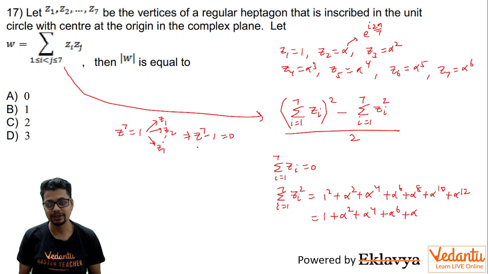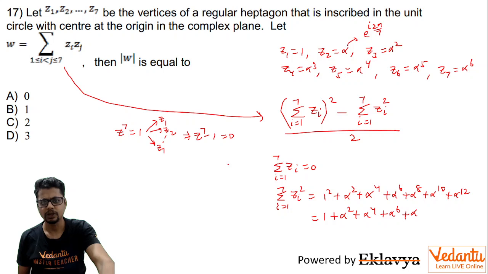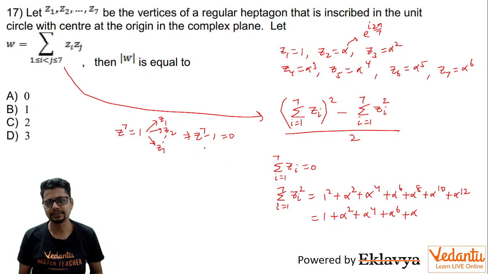Why? Because the product of roots is 1. Or rather, just say Z1 is a root and Z1 is alpha. So clearly alpha to the power 7 minus 1 is 0, that is, alpha to the power 7 is 1.